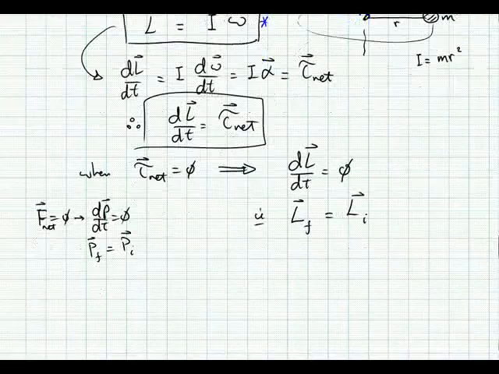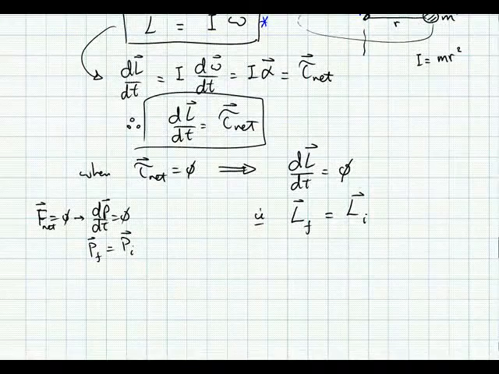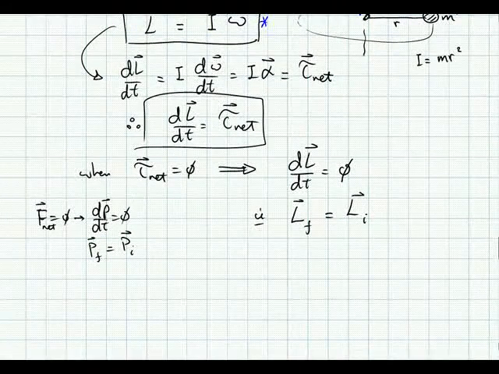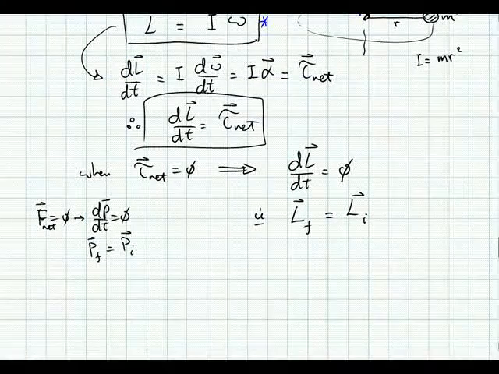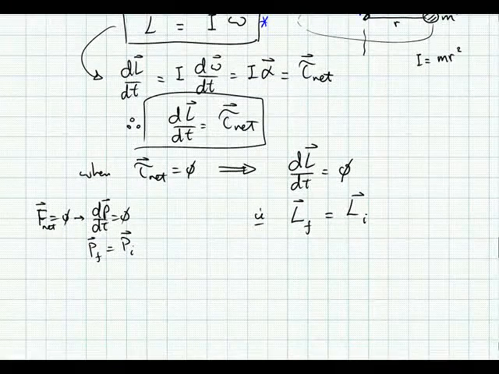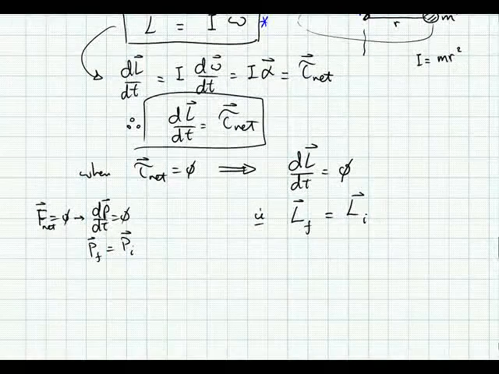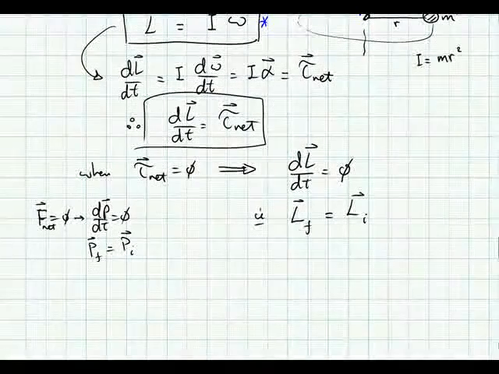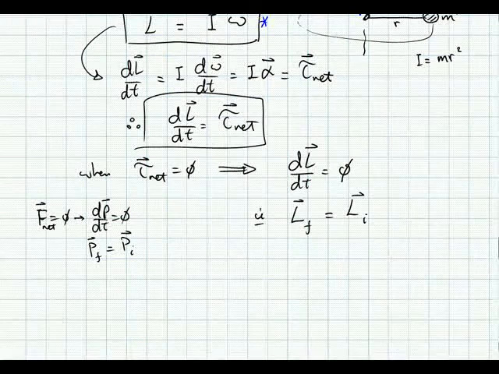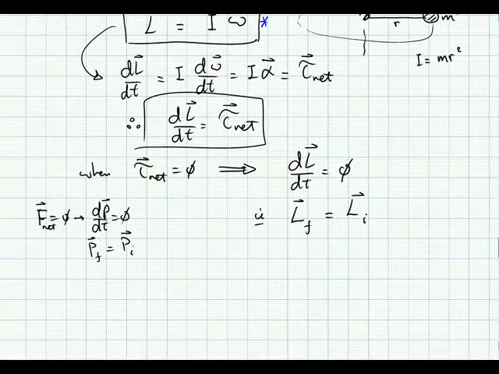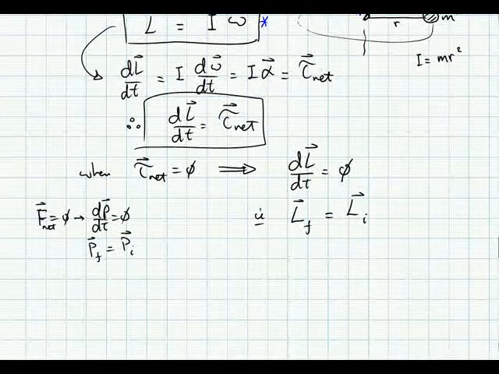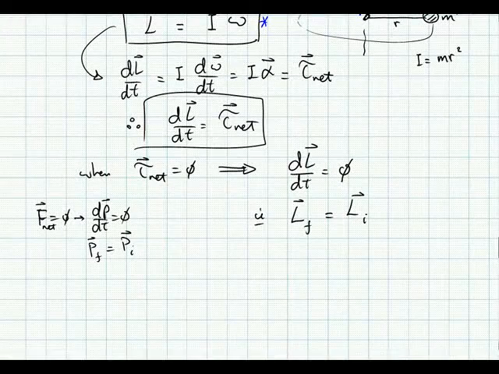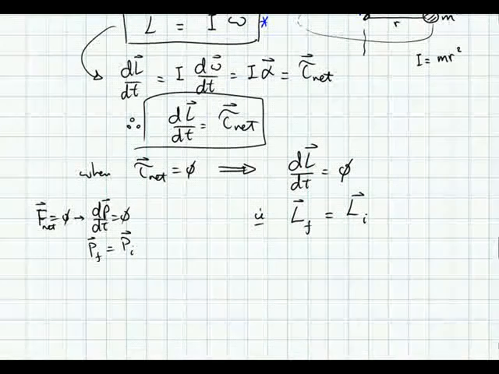So we can go about solving problems involving rotation just in the same manner that we solved translational motion problems, but rather than considering force, now we're dealing with torque, of course, and rather than linear velocity, we have angular velocity, etc.